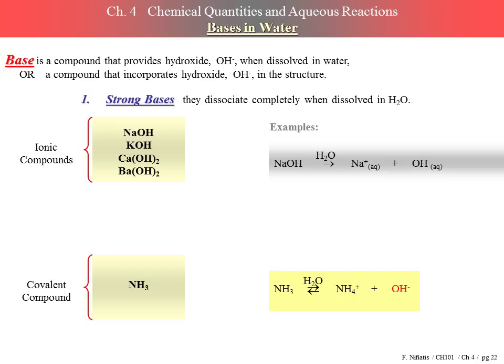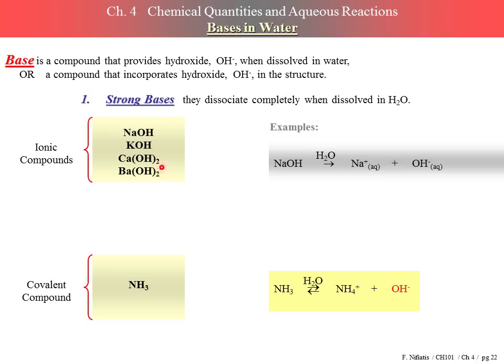Now, the double arrow that we have here means partial ionization. It means that the reaction goes in this direction as well as the opposite direction. So at the end, we are going to have ammonia, water, as well as ammonium and hydroxide. So the ammonia is a base and it is a weak base. That's something that you need to memorize as well.